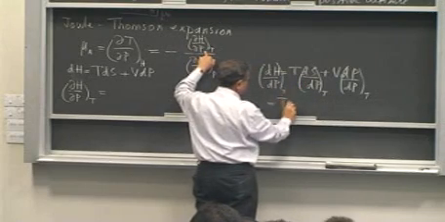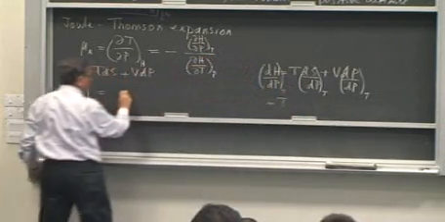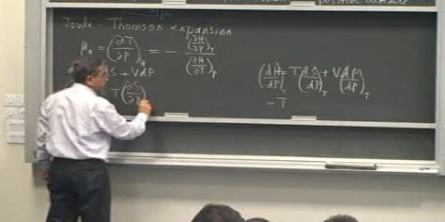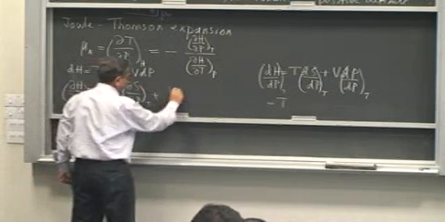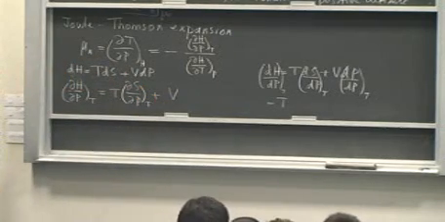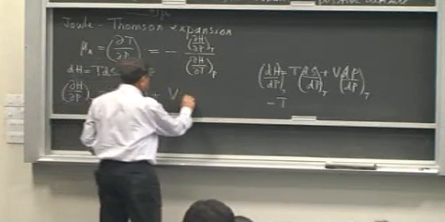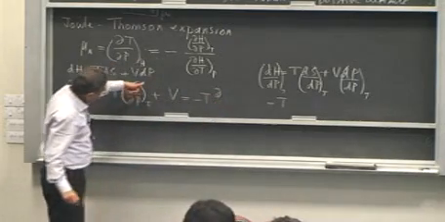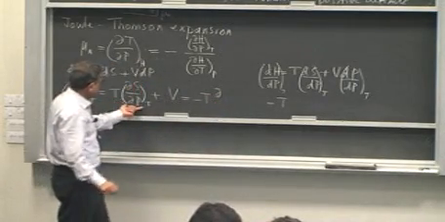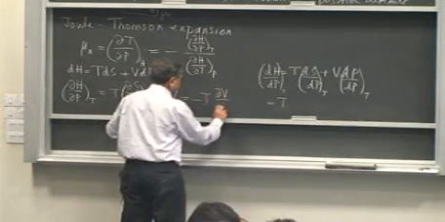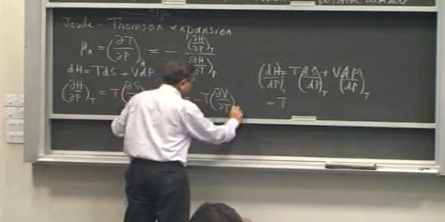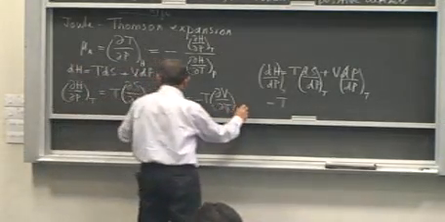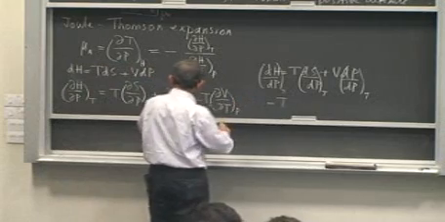So this is equal to T times dS by dP at constant T plus V. And dS by dP at constant T happens to be, by Maxwell, minus its Maxwell equivalent dV by dT at constant P, easily, this plus V.